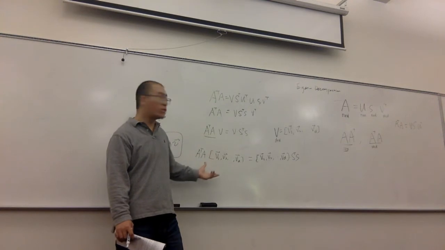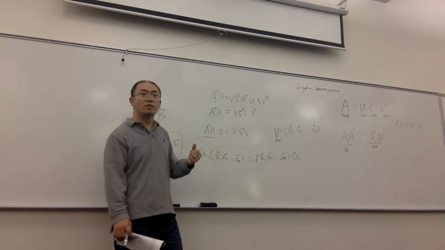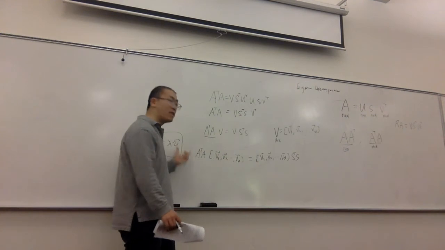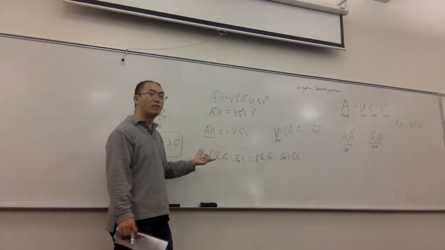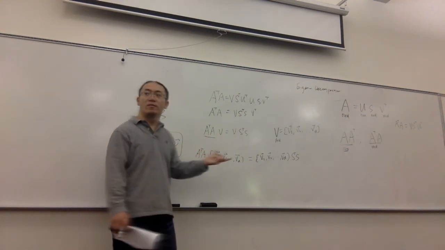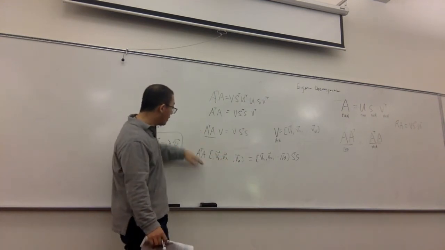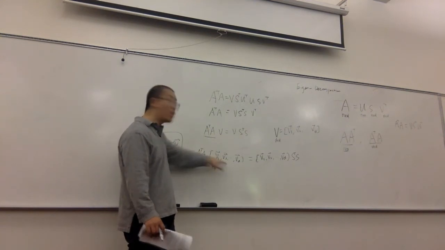So we can simply multiply A transpose A with each of the columns.